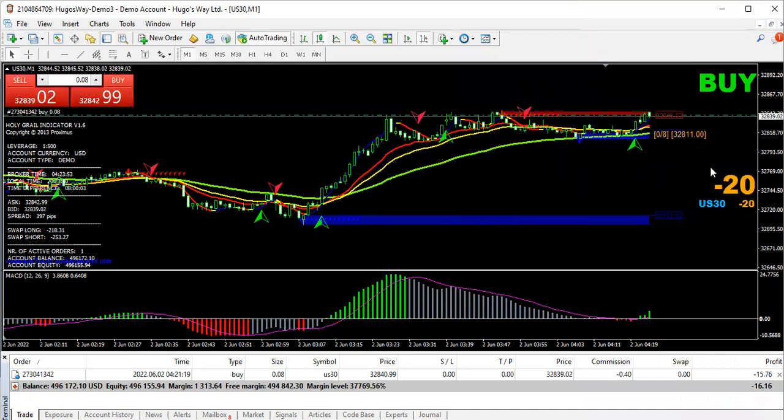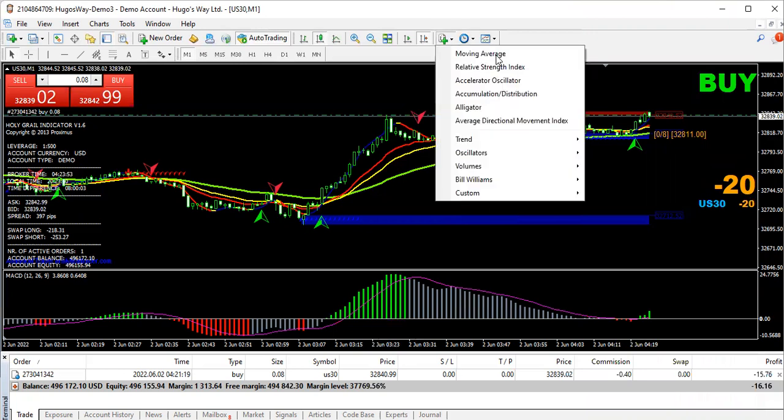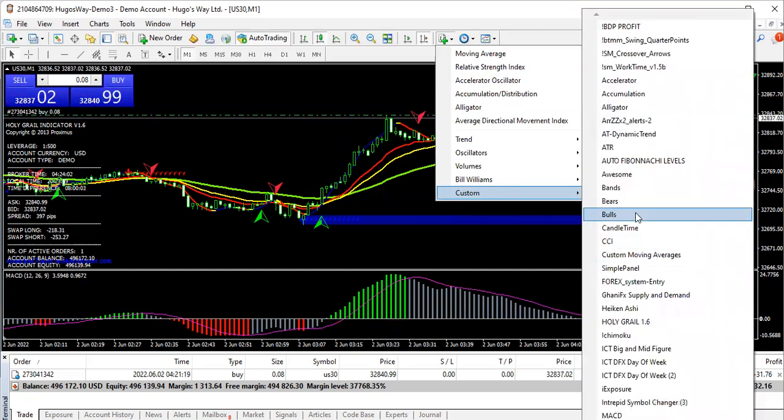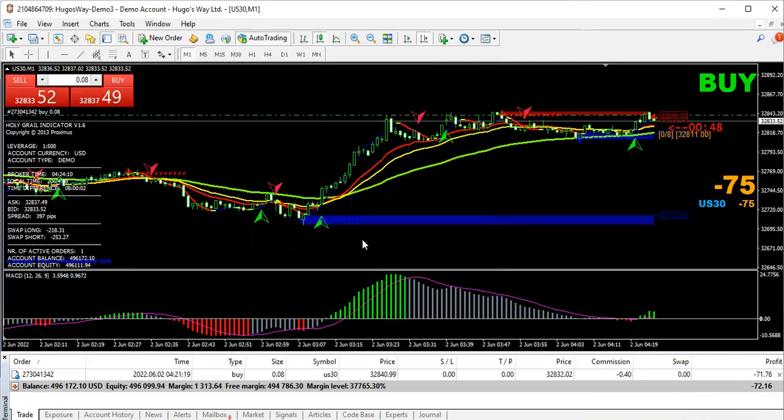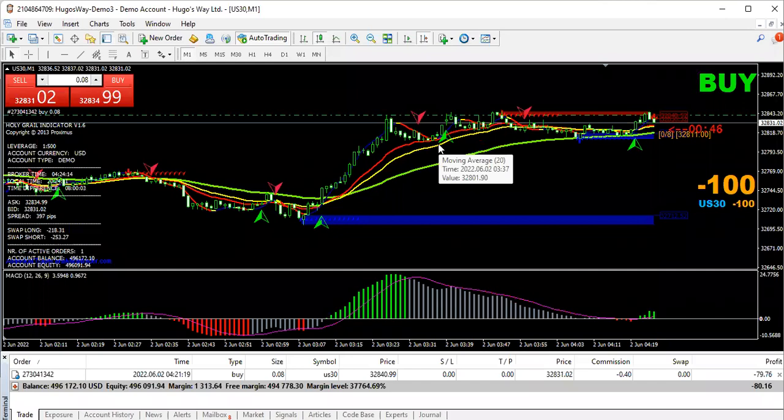So, let me put my candle timer on too, and I'll just save this. Because any of these things you can trade on your own, all together is confluence.